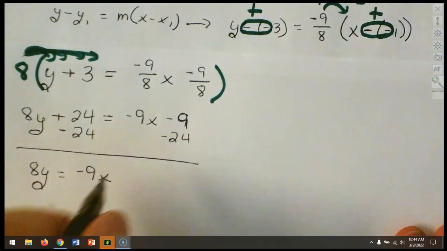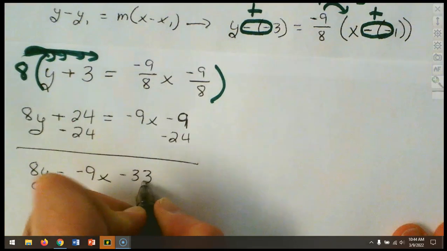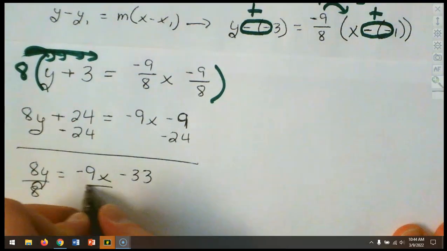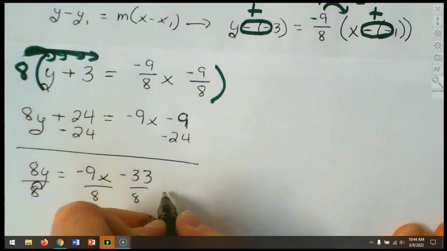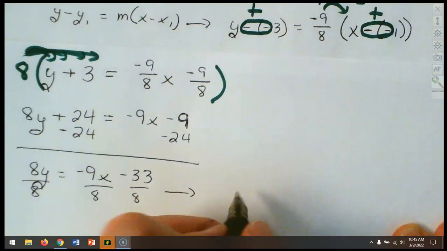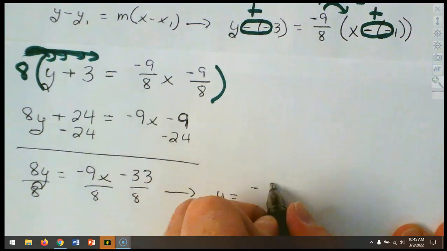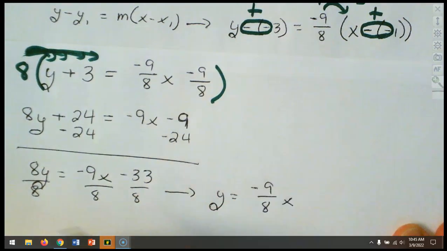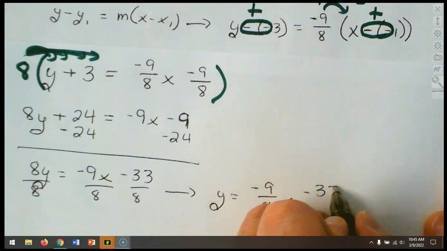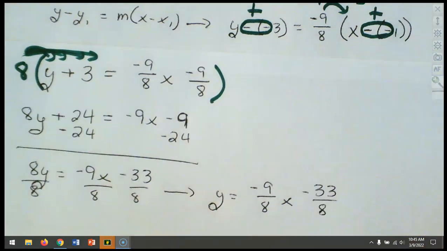Negative 33 here. Divide by your 8, and we are now done. So then in slope-intercept form, my answer would be y equals negative 9/8x minus 33 over 8.